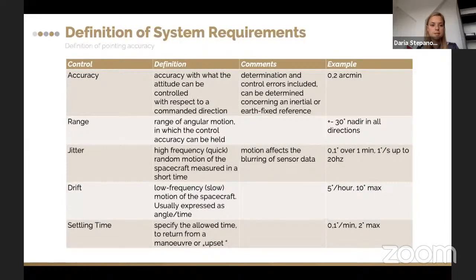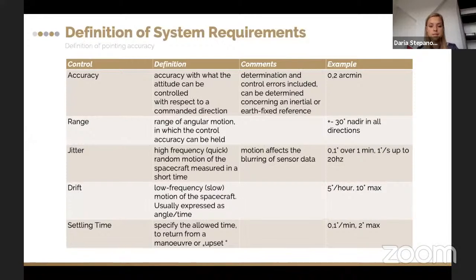There are also 3 other parameters to control, starting with jitter. Once we're using some rotation mechanisms, there's always a probability that something will vibrate, and this jitter, for example, can influence the quality of imagery taken by the satellite.